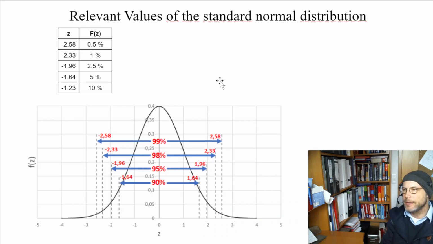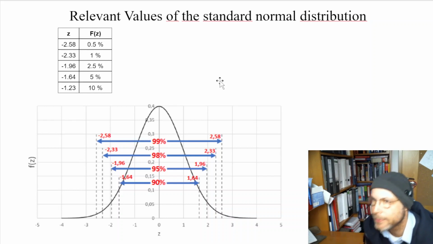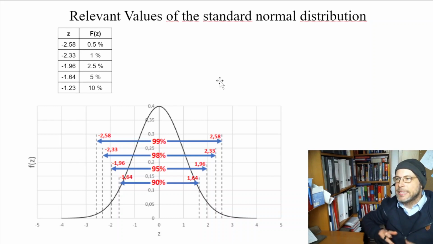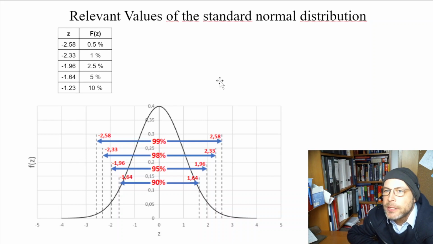This is a density of the standard normal distribution with some numbers. Great! We just use Z, and which numbers do we need here from this picture?